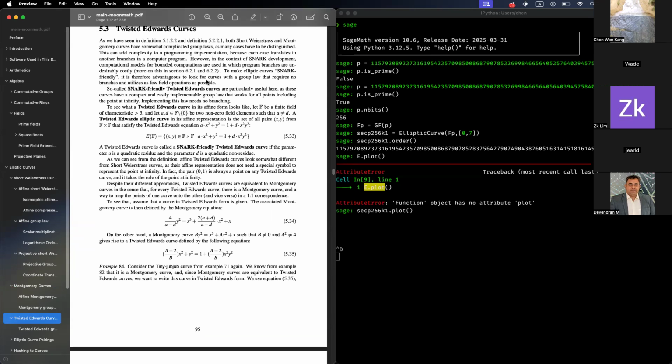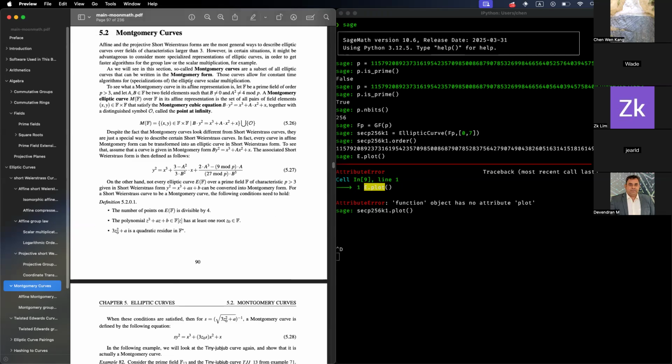Okay, I'm pretty sure. Yeah, great. So a Weierstrass curve might be a Montgomery curve.